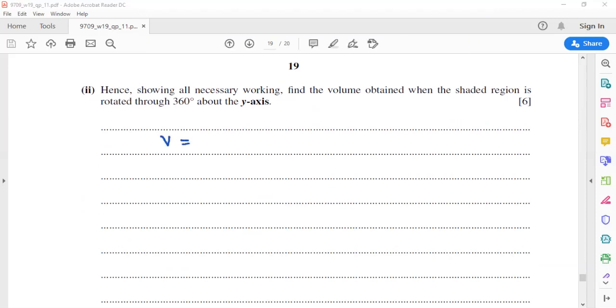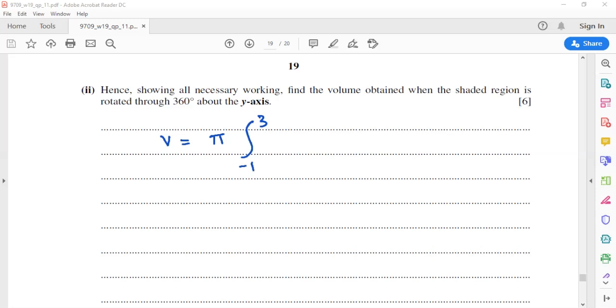Volume of revolution is pi times the integral of x squared dy, from minus 1 to 3. And we have the value of this, we have found already. That was y is equal to x plus 2 whole squared minus 1. So the square root of y plus 1, minus 2, is equal to x.